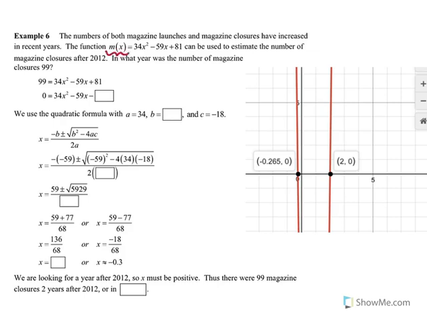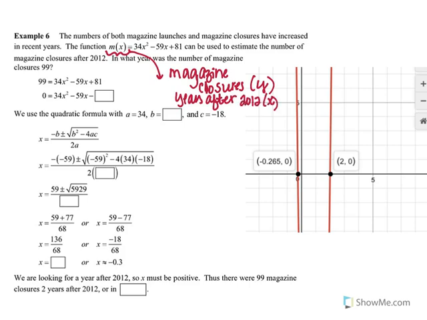So this m of x represents the magazine closures. So that's our y value, and our x value represents years after 2012.